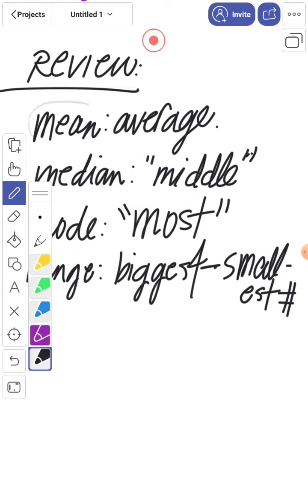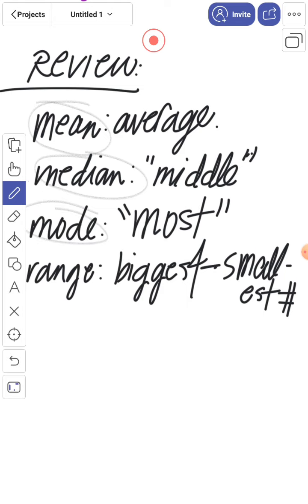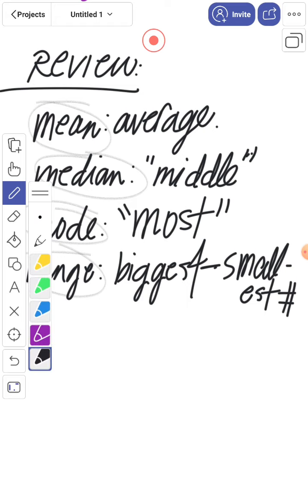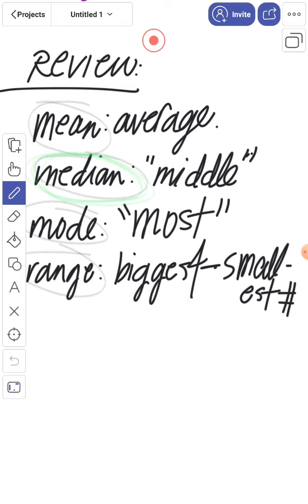Okay. So that's the mean, the median, the mode, and the range. Literally the only one you have to remember to order them for is the median, right?